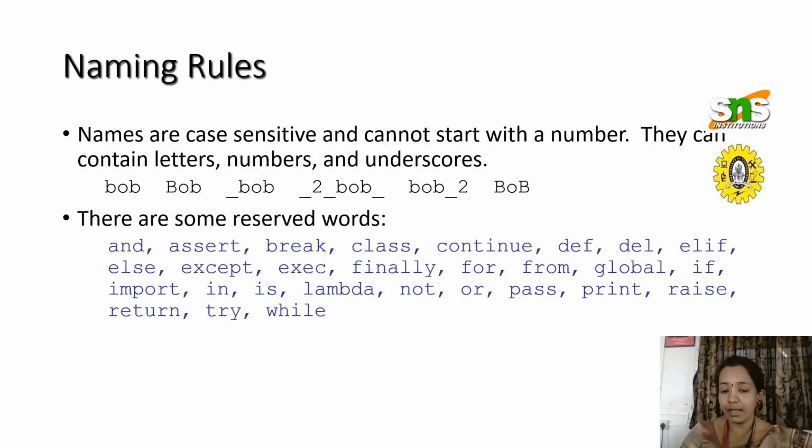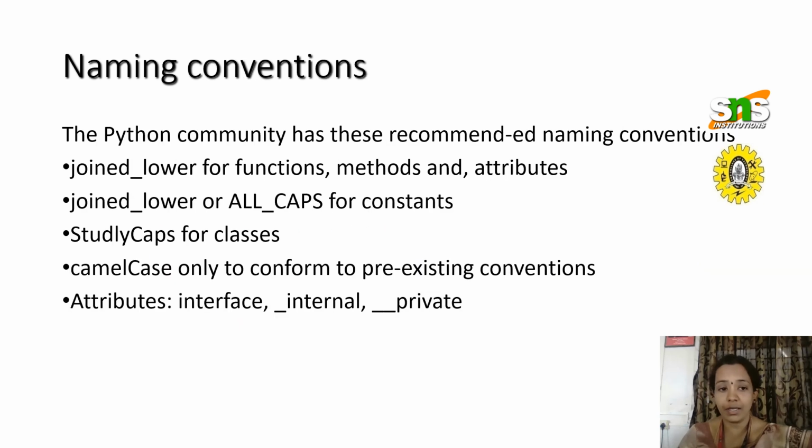And, assert, break, class, continue, def, del, elif, else, except, exec, finally, for, from, global, if, import, in, is, lambda, not, or, pass, print, raise, return, try, while. These are some keywords. I should not use these keywords in variable names, which is very important. The Python community also has recommended naming conventions.